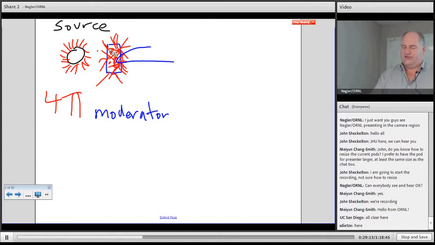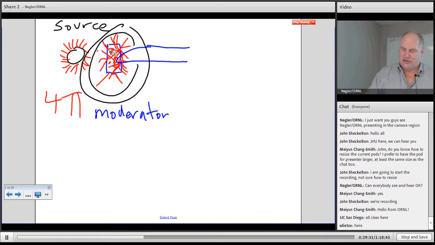So I do this by some kind of extraction method, and this might be, say, a beam tube. Okay, so in some neutron sources, we just stick a tube in there. There's material all around that absorbs those neutrons that we don't want, right? So we'll shield that also. So this is shielding, right?